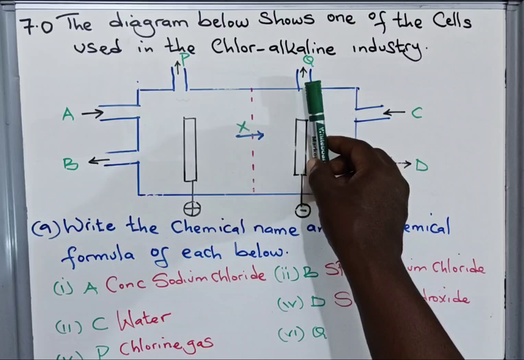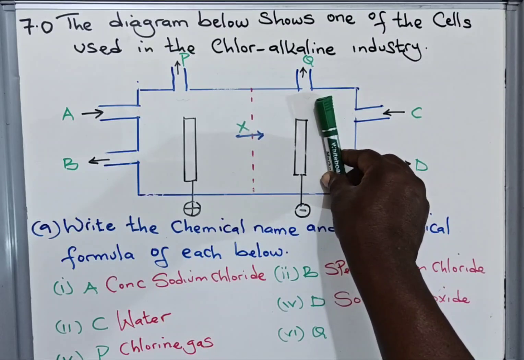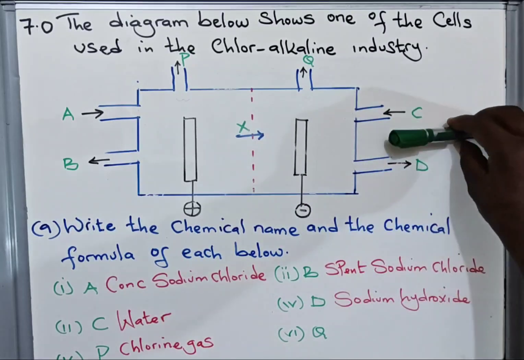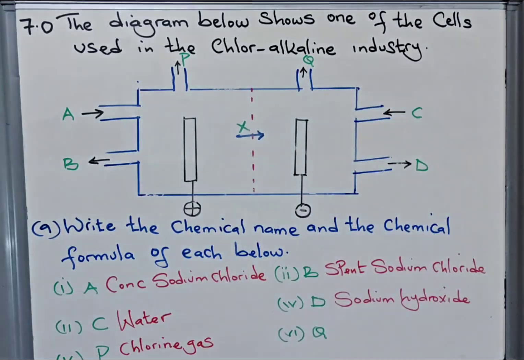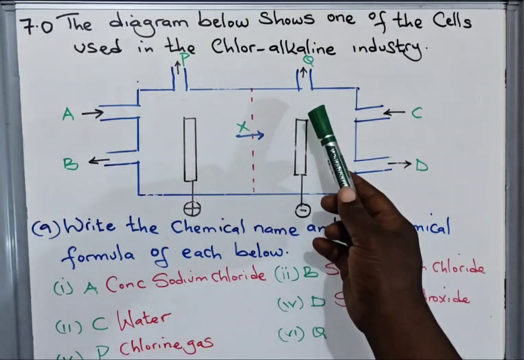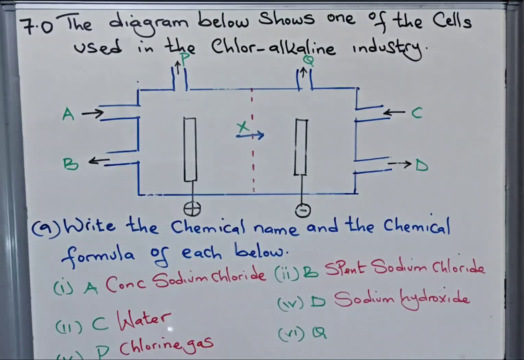So what is Q? Q is hydrogen gas, formed as a result of the decomposition of water. When water enters here, it is reduced to give hydrogen as one of the byproducts.